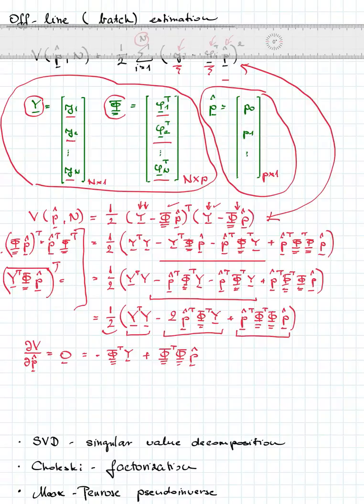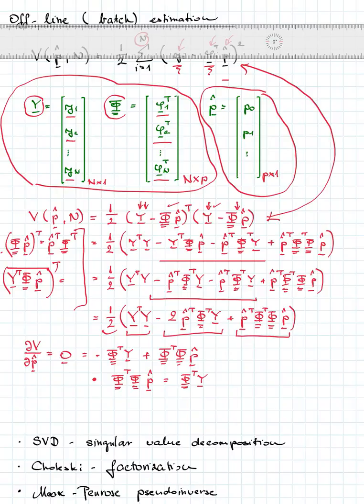So I can write two algebraically equivalent forms. The first form will be the following. I just reformulate the last equation. Phi transpose phi and p hat is equal to phi transpose and y. If we have a closer look, phi transpose phi contains known elements from the input measured data. The vector y contains known elements from the measured output data.